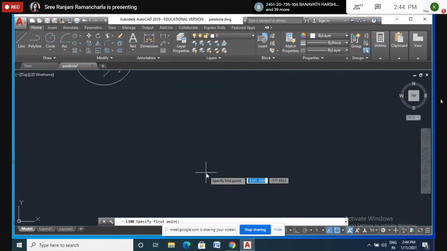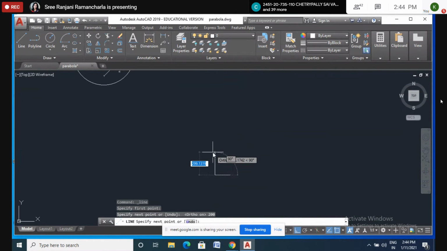So here I will draw with a line, same 2 centimeters side, 2 centimeters, then 2 centimeters and 2 centimeters.